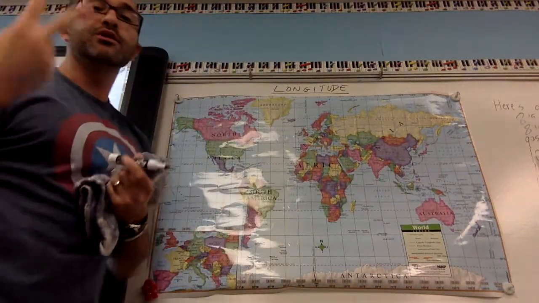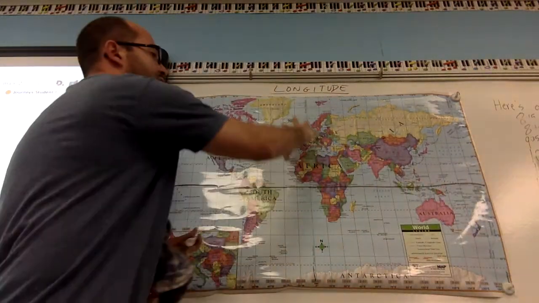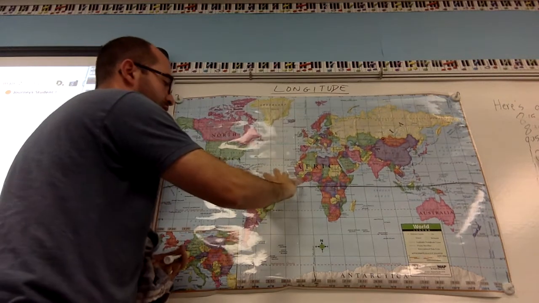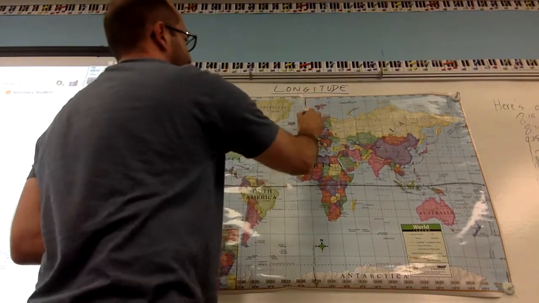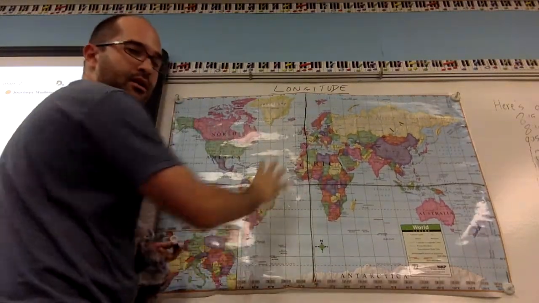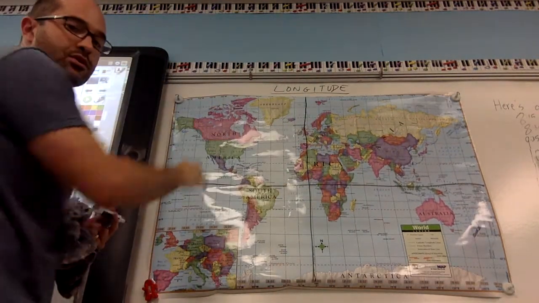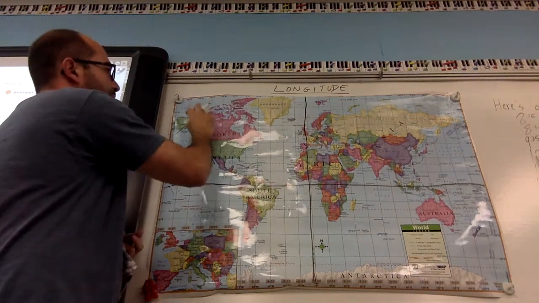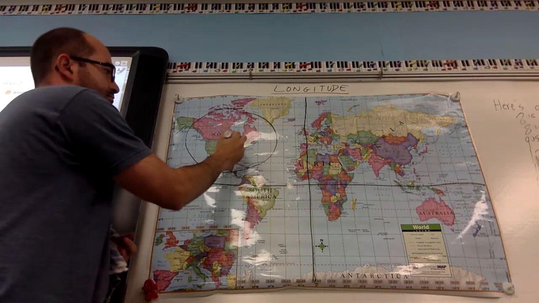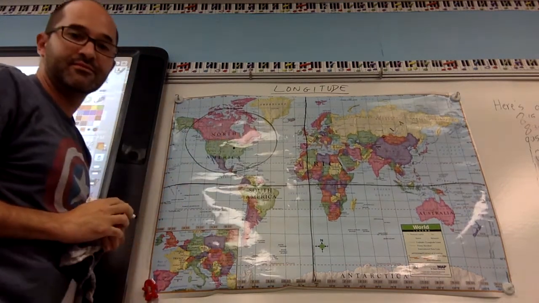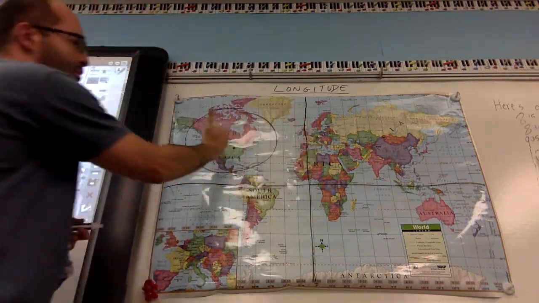We are actually located in two hemispheres. If you think of the equator, remember north of the equator is the northern hemisphere. South of the equator is the southern hemisphere. Remember, we also have a prime meridian. East of the prime meridian is the eastern hemisphere. West of the prime meridian is the western hemisphere. So North America, specifically the United States, specifically Indiana, we are north of the equator and west of the prime meridian.